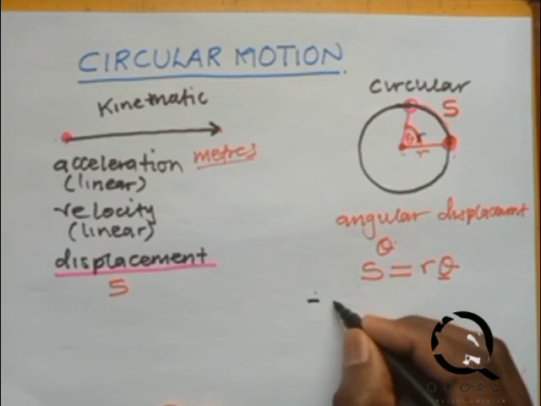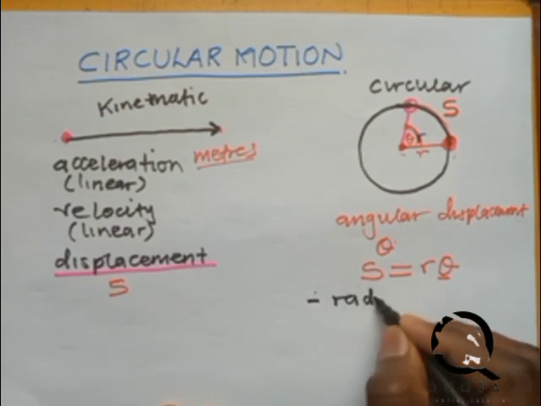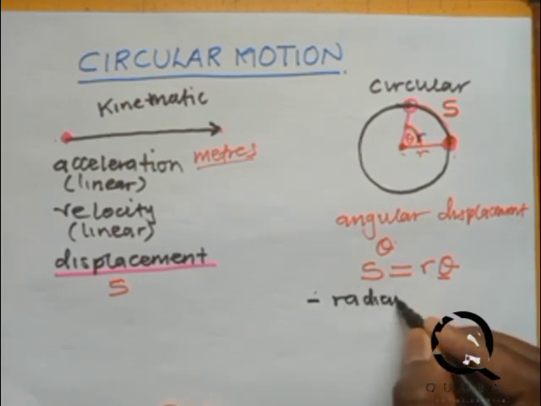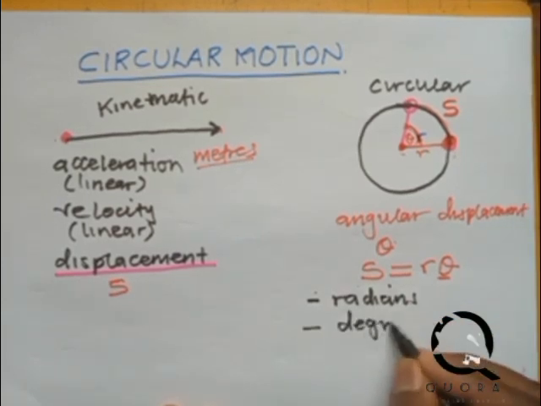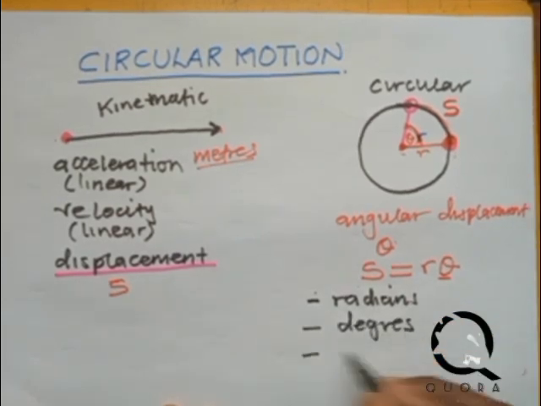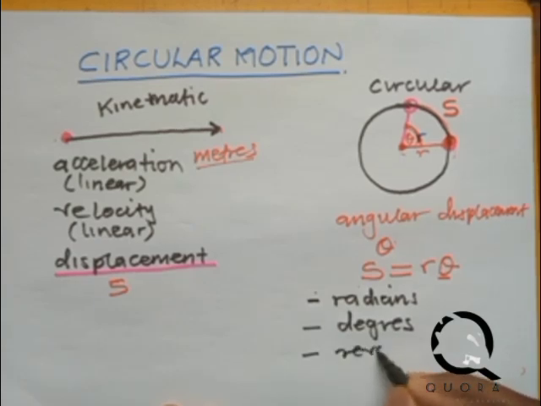The first one is radians. The second one is degrees. And the third one is revolutions.